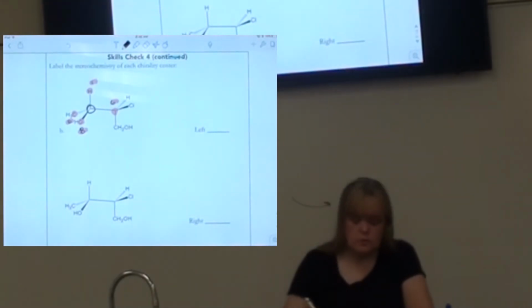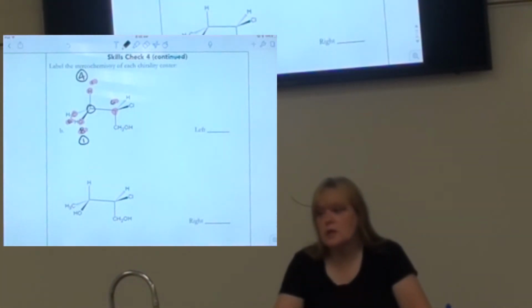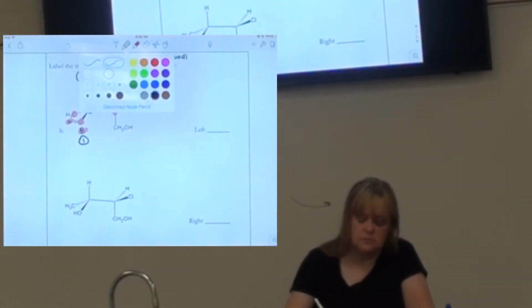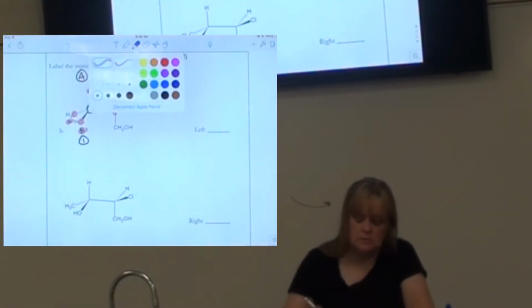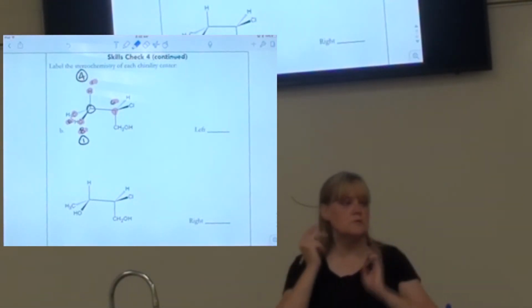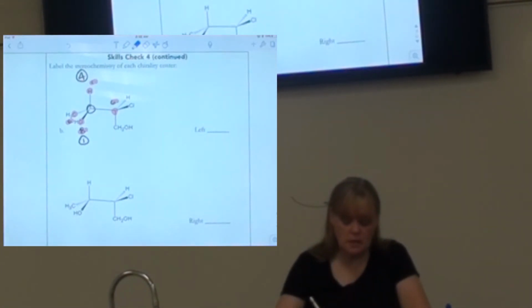You have a tie for 2 of them. So you're going to have to go out to the next layer. But you can assign priorities 1 and 4. So for the ties, you're looking at what's directly attached to the carbon that's highlighted in red.